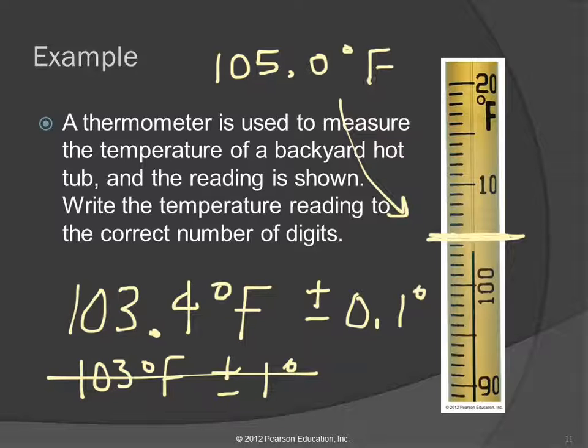It's a very good question. I'm glad you brought that up. So if it's right on the line, you still have to think, well, what are the smallest divisions? The smallest division is 1. I'm going to estimate the next decimal place. The certain digits are up to the 1, this is where the smallest places are, I need to have one more decimal place in there. And we'll go over this in lab as well. Any other questions?